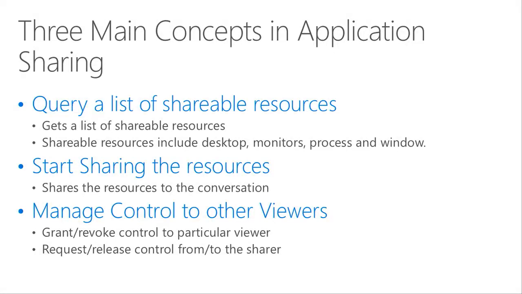In order to do that, we can use some properties in the application sharing modality and get a list of shareable resources. The shareable resources could be the desktop, some processes, or some windows. The next step is once you get the shareable resources, you can select them and then start sharing them. You can call some very simple API to start sharing.